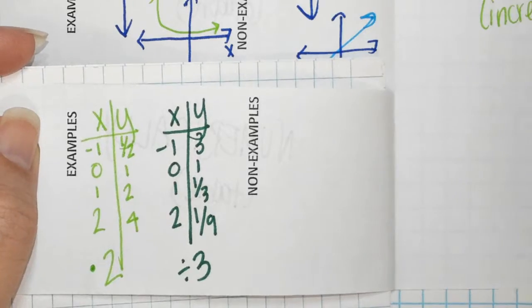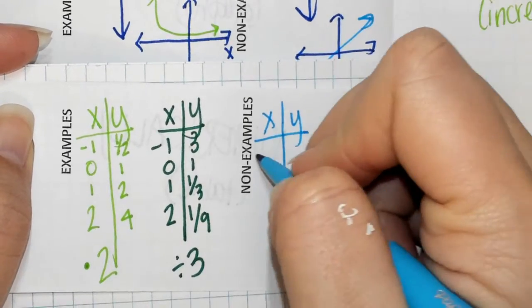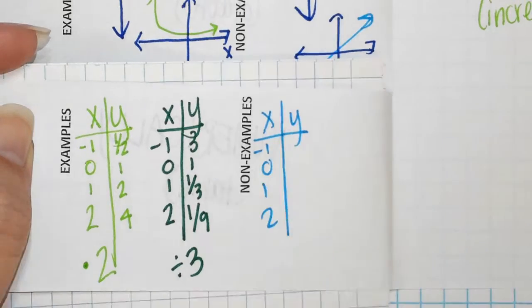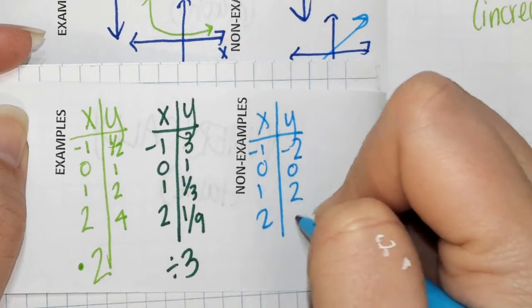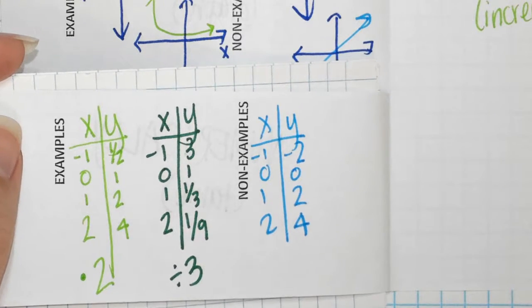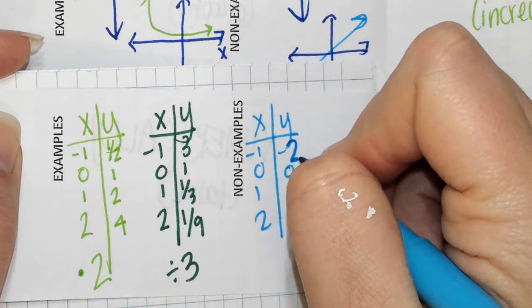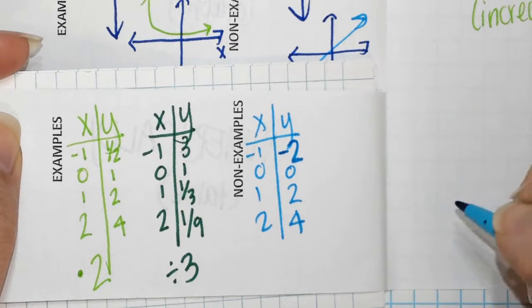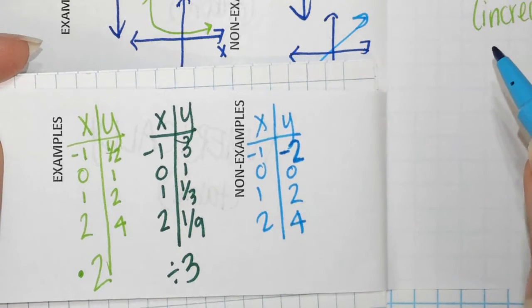Now this is a non-example, and tell me why. I'm going to use the same x values, -1, 0, 1, and 2, and y values -2, 0, 2, and 4. What are my y values increasing by this time?